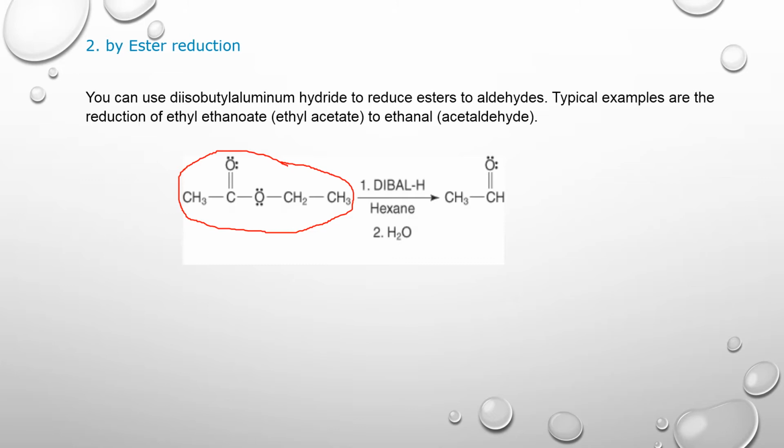The reducing agent in that is diisobutyl aluminum hydride. So this ethyl acetate is reduced to give acetaldehyde.